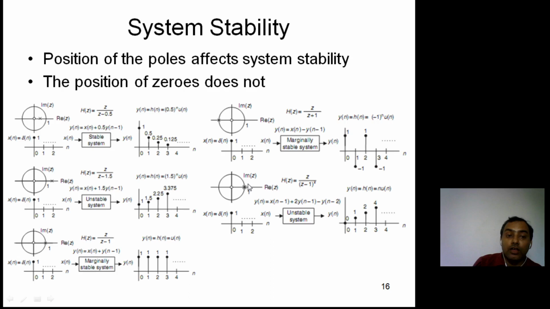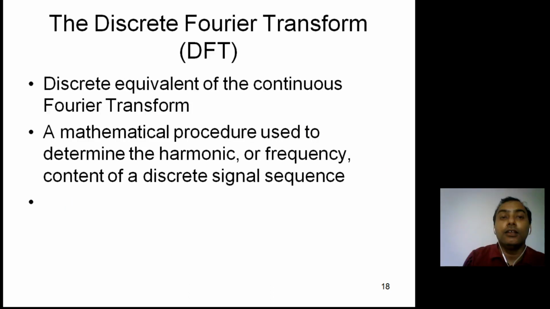But here we are going to study the discrete Fourier transform. You know that if we introduce an independent variable n, meaning number, that becomes discrete. It is a mathematical procedure used to determine the harmonic or frequency content of a discrete signal sequence.